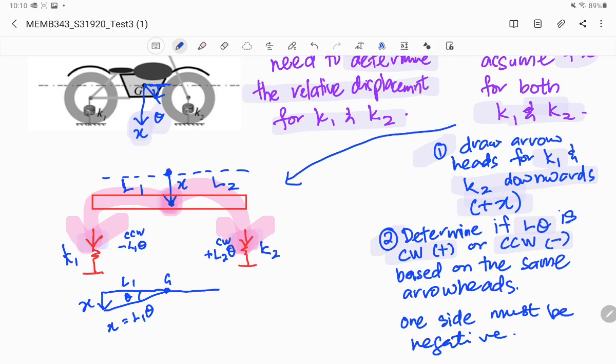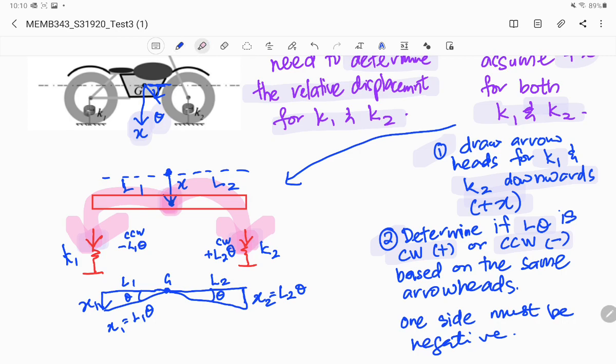Whereas for K2, if I call this x1, this is x2. This x2 in terms of theta is L2 theta. That's how we get the expressions L1 theta and L2 theta, by using the concept of the small triangle.